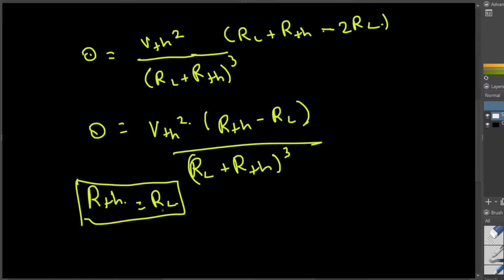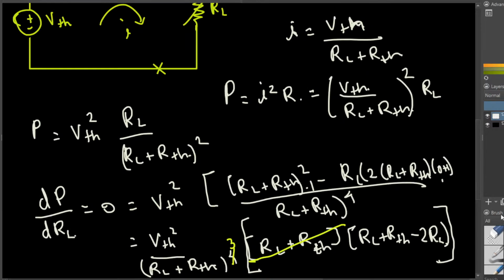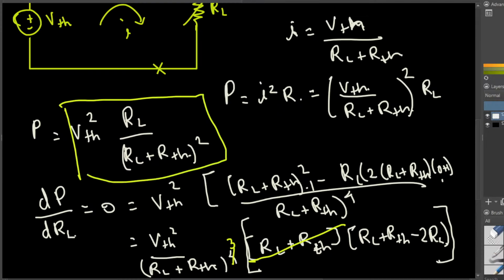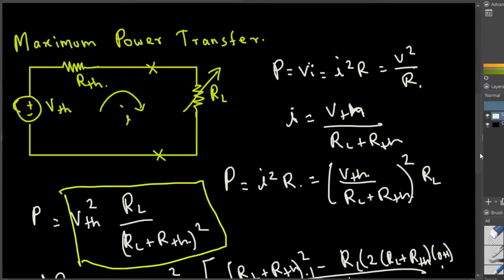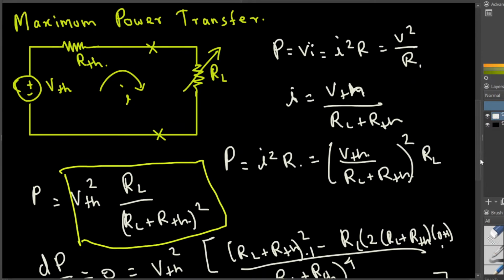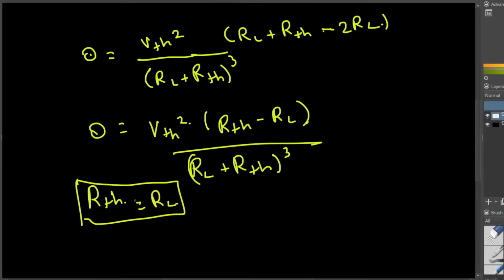Now we know that R Thevenin is equal to RL, so look at the equation we had before. Let's bring this equation back. We are trying to find maximum power transfer. When the power transfer is maximum, R Thevenin is equal to RL.